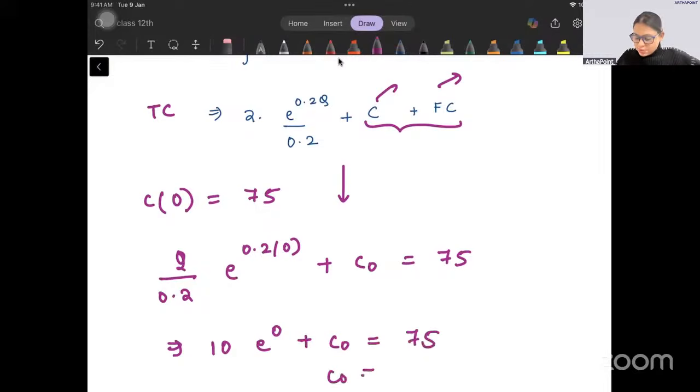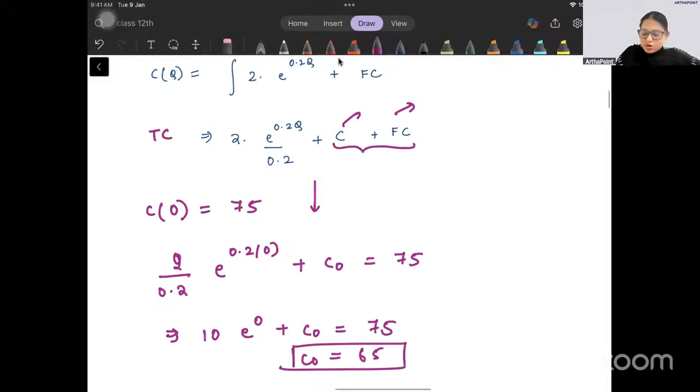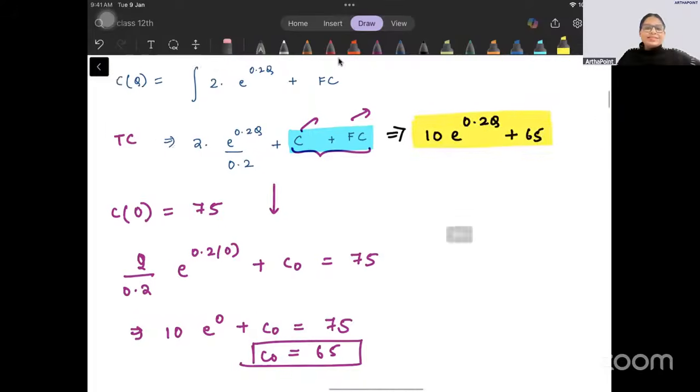So c naught will come as 65. C naught was this total value. This is 65. So it means my total cost function becomes 10 e to the power 0.2q plus 65. This is the answer to this question.